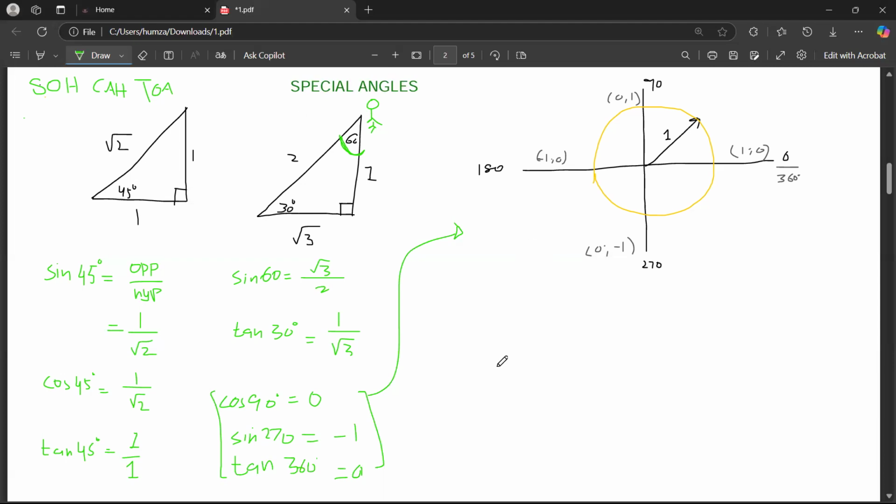Now, these are the other special angles. In the exam, they can ask you to simplify the special angles without using the calculator. As long as you're not giving me answers in decimal form, your calculator can do this for you. So please grab your calculator, type sine 45 degrees, and see what your answer comes in.